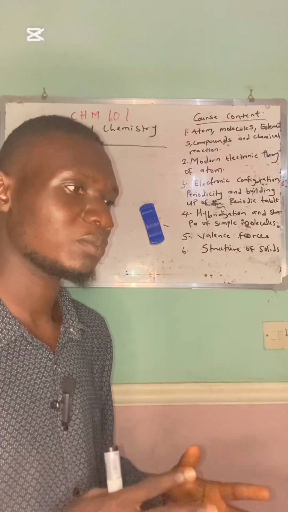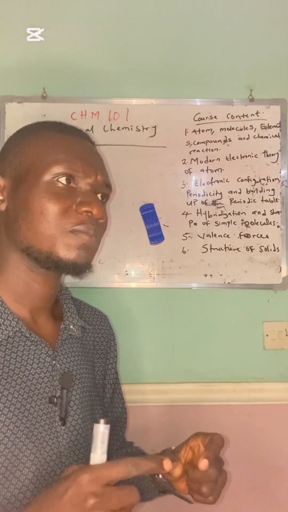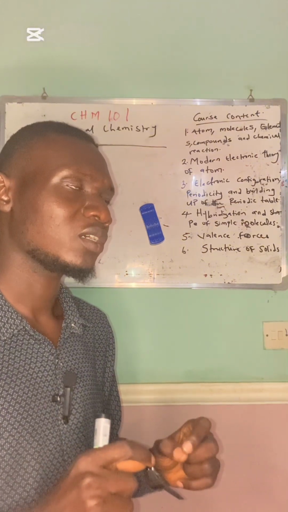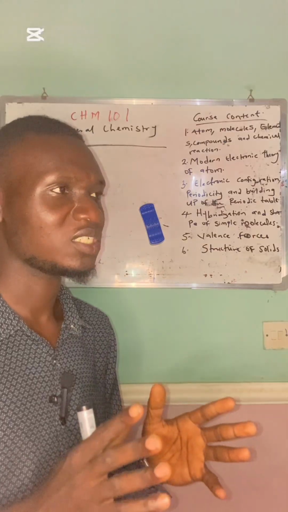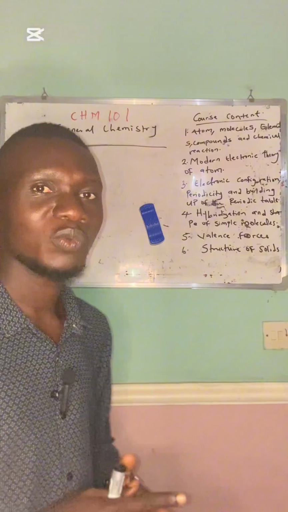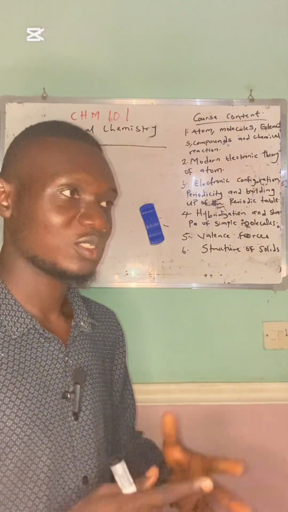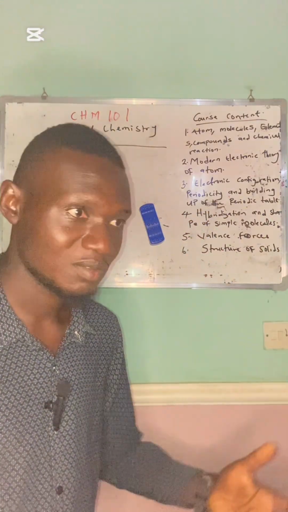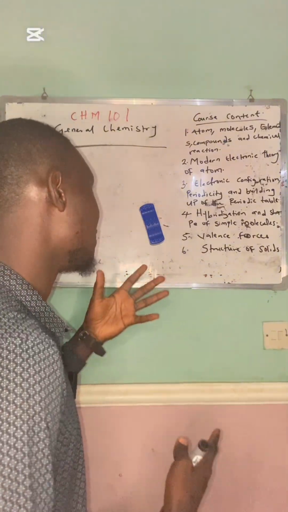If we're going to talk about the study of matter, then definitely there is a focal point, a significant term that we may not be able to escape while talking about matter. Matter is made up of some components, and one of them is the atom.